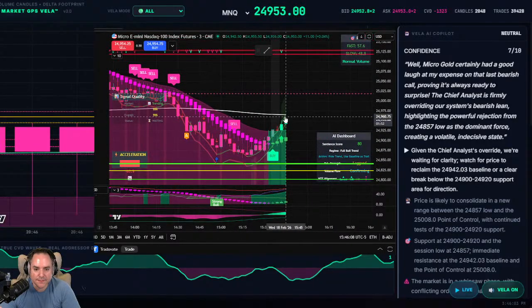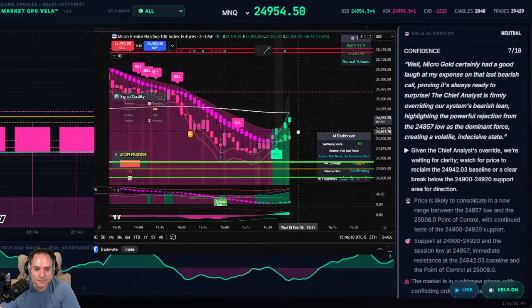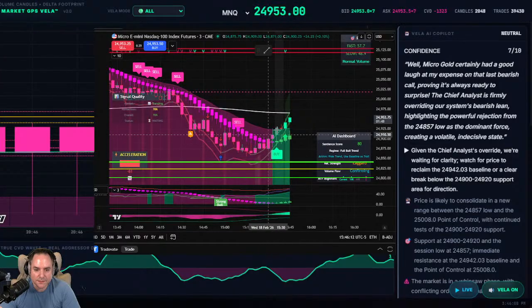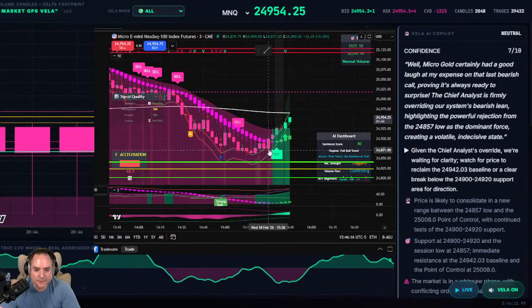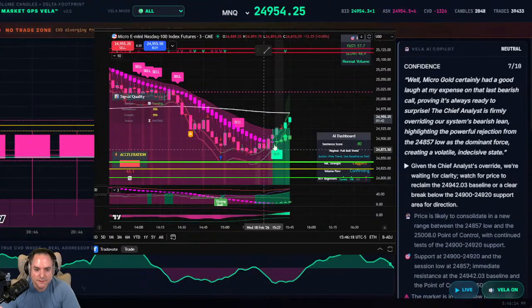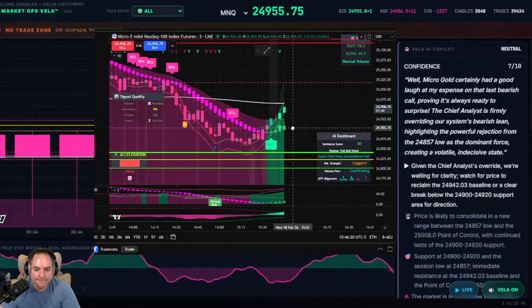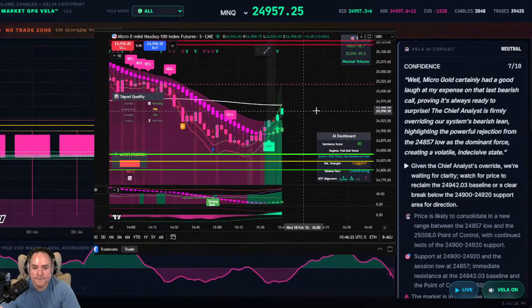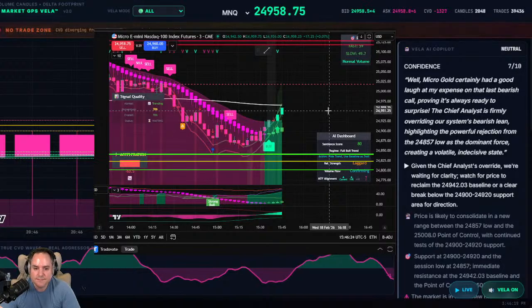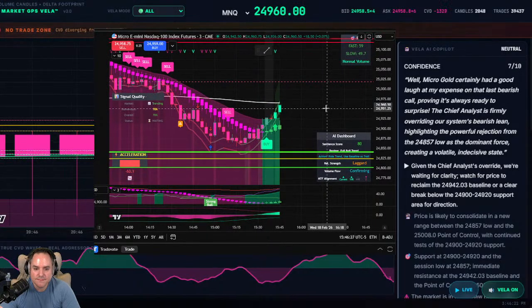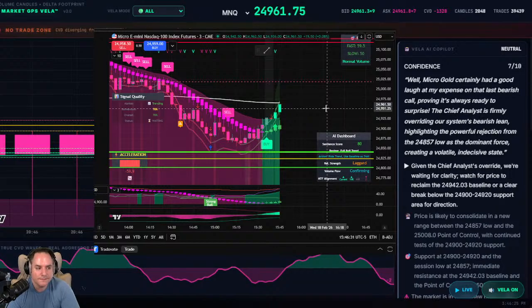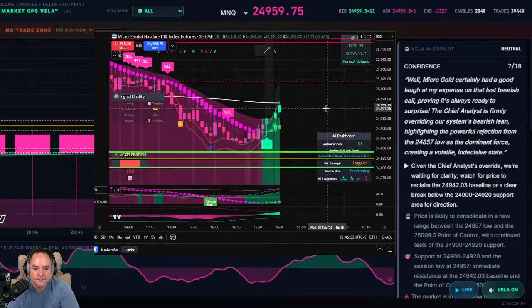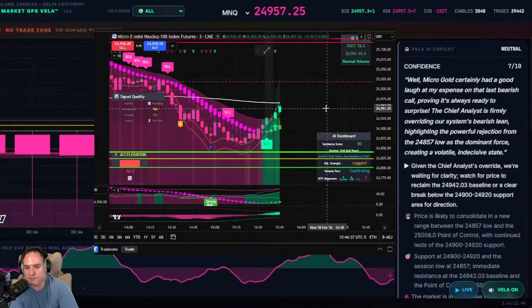So I want to see what happens here at this 200. I was skittish getting into this buy, so I didn't get in. And down here at the bottom, Vela was telling me to get in. So we're bouncing up the 3 minute against the 200 EMA.